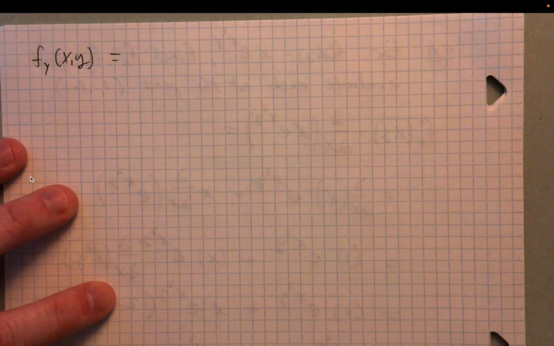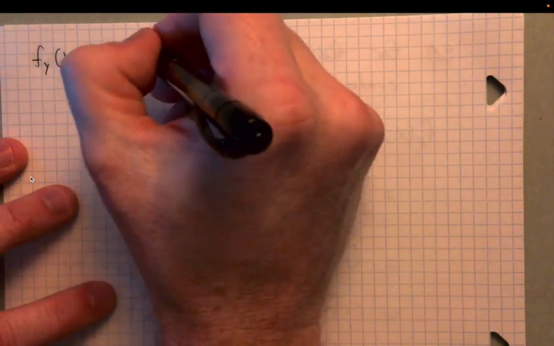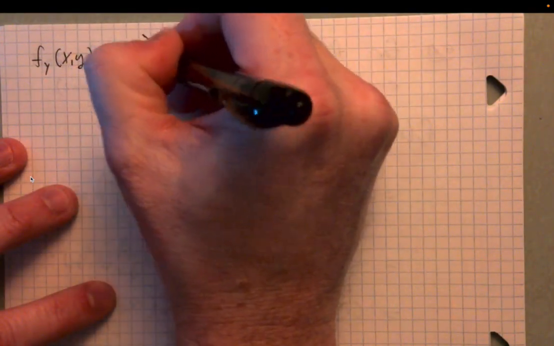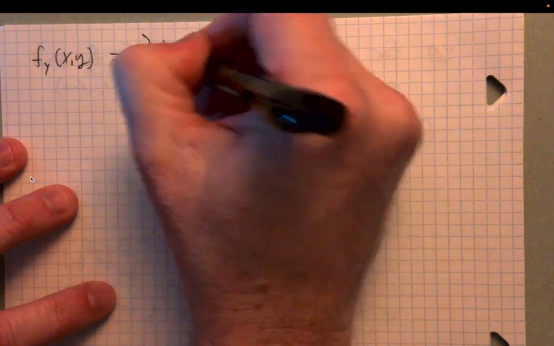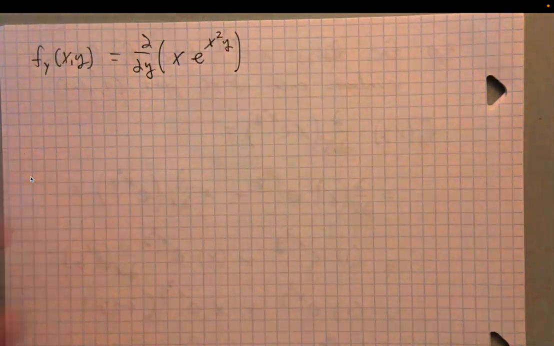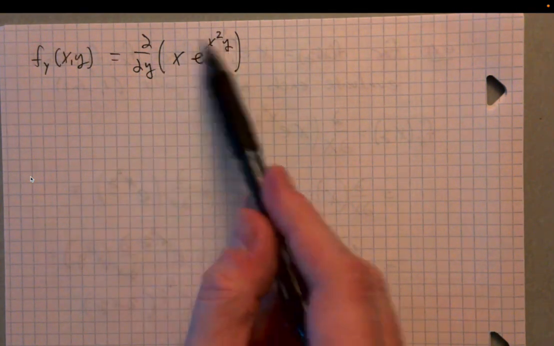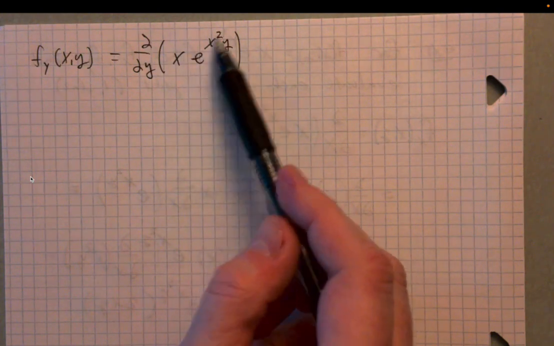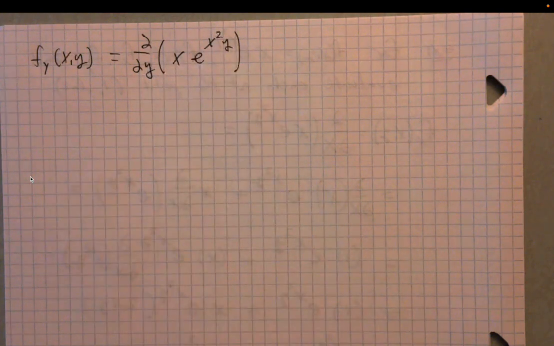So this would be ∂/∂y of x e^(x²y). Now, in the previous example, we used the product rule, right? Because we had x times e^(x²y), so it's kind of a product of two functions. Now, that was when we were differentiating with respect to x.